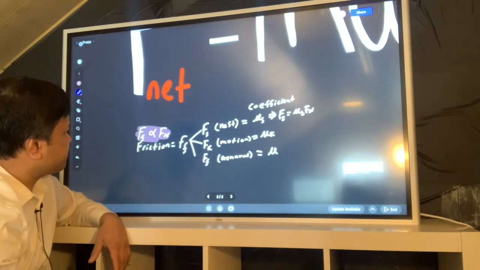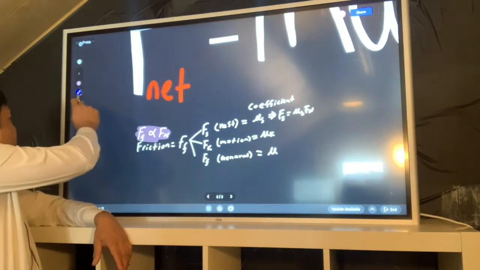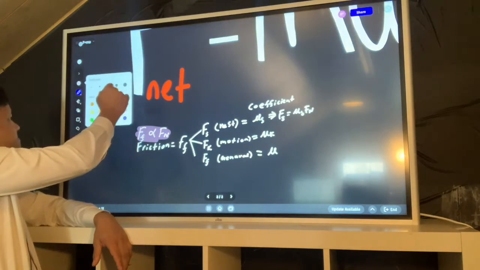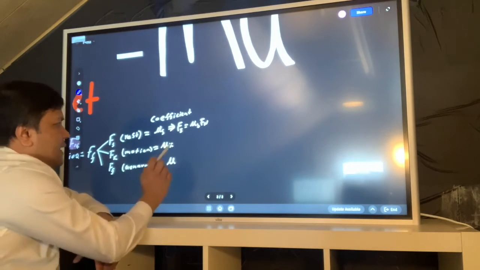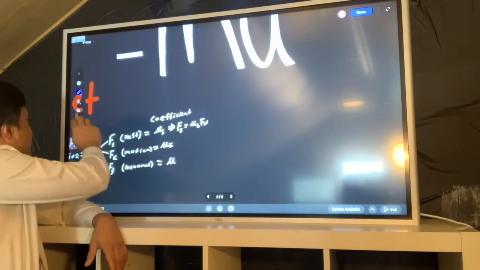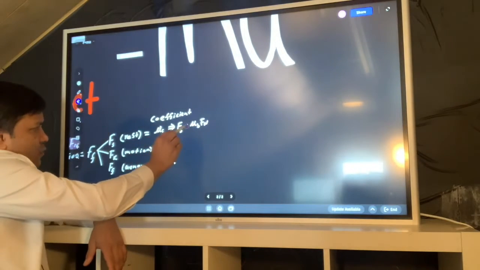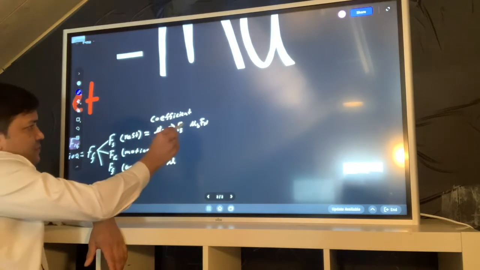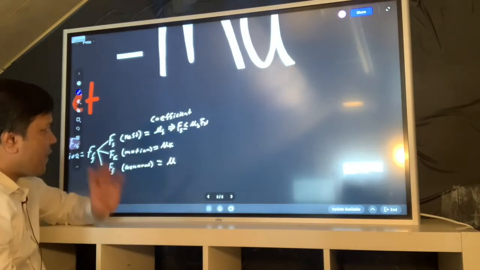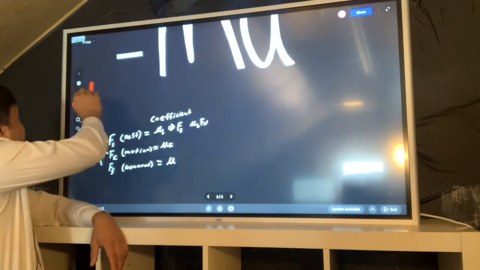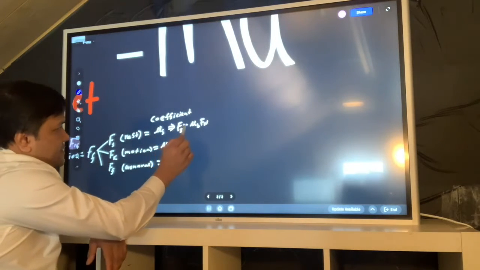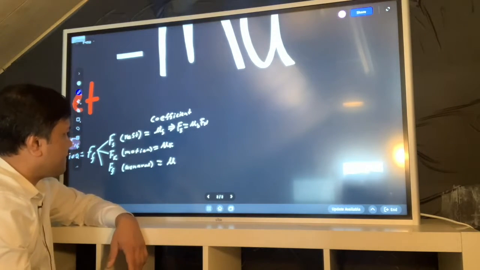All right, let's go back to our conversation. In the future, I'm going to help you understand why this is less than or equal to, but we're going to keep it as it is now. We're going to call it Fs is equal to mu s Fn.